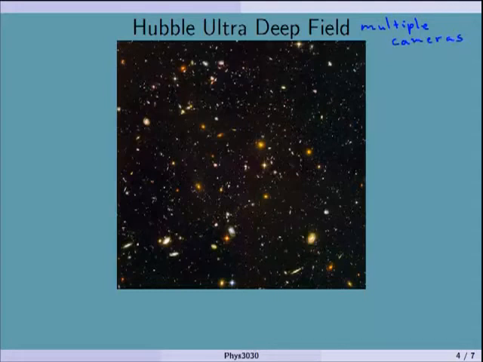At first glance this might look like a bunch of stars, but notice that there's spiral structure to some of these. You can see the spiral structure in this one, and you can look at really good pictures of this online if you search for the Hubble Ultra Deep Field, which I imagine this video is not doing justice.